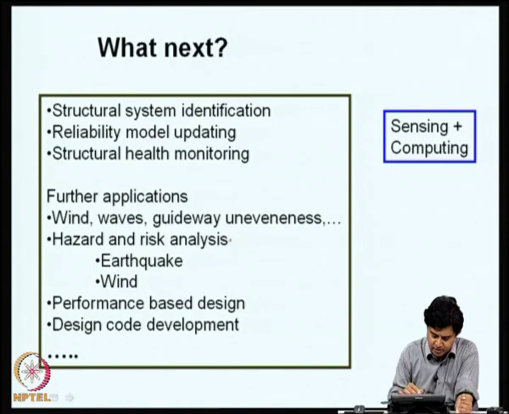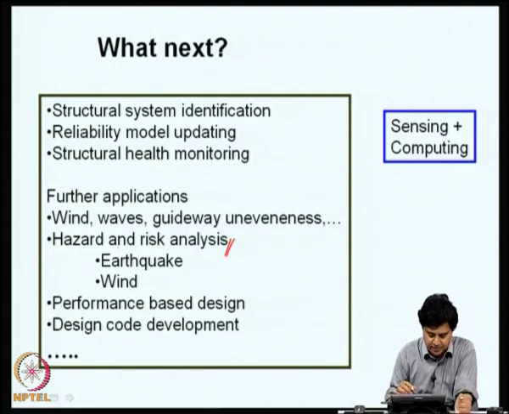Another area to which we have not paid much attention during this course was questions on hazard and risk analysis. In all our applications on earthquake engineering, we assume that the earthquake event has already occurred and there are ground motions to which the structure is subjected.